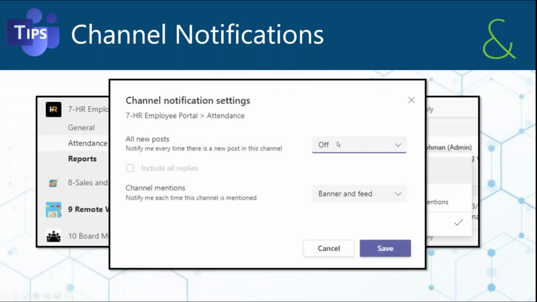Here's where you have options, like notify me on a new post, yes or no. You want to go and look at those, and I can pop that in the demo too. The banner is where it pops up down in the corner, and that's just a Teams notification. Again, just a way to help you manage your content.